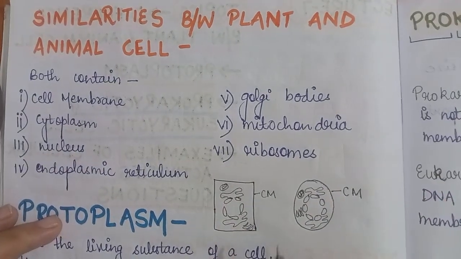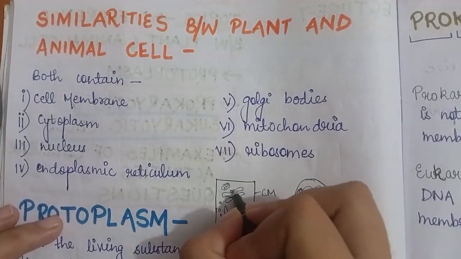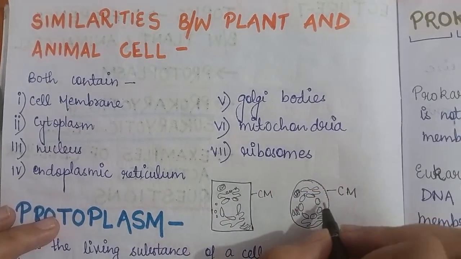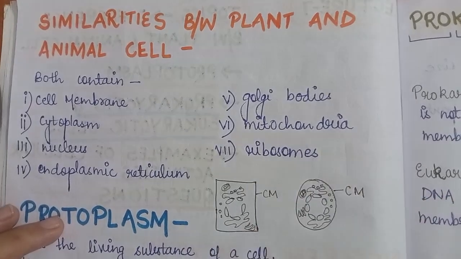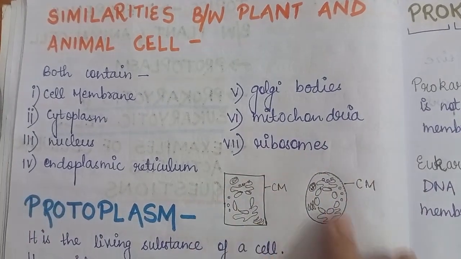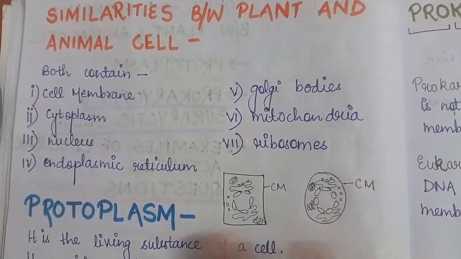And they both have ribosomes, which are either found freely in the cytoplasm or attached to endoplasmic reticulum. We have studied these structures in detail in our previous lectures, so go and check the previous lectures.